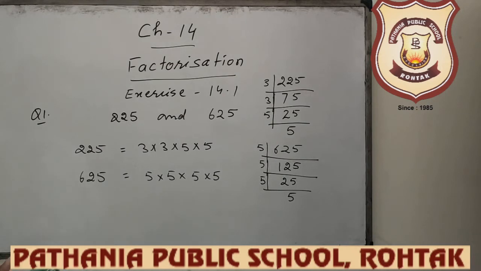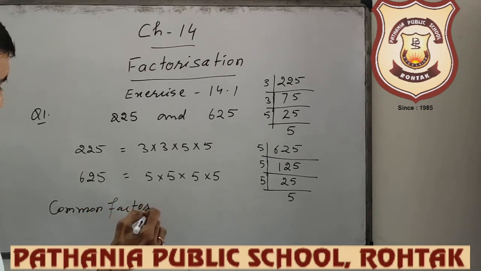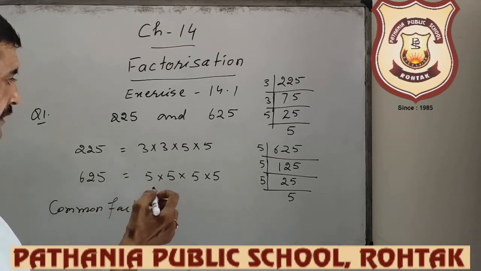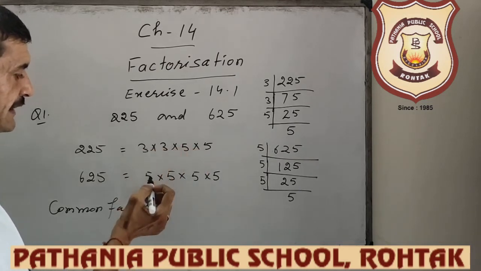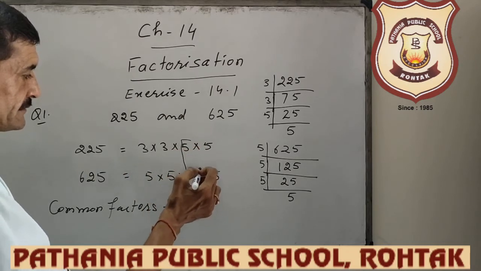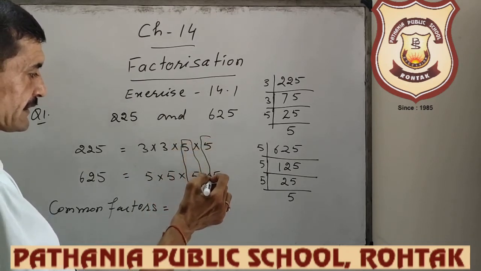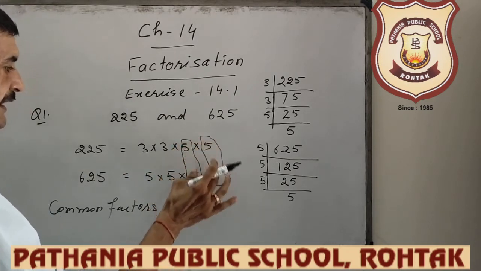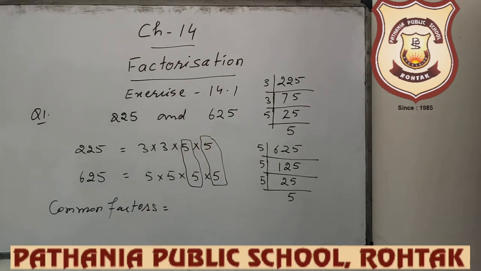Now what we have to write? We have to write the common factors. Common factors are: 3 is there, 5 is there, 3 is there, 5 is there. Write them only once.